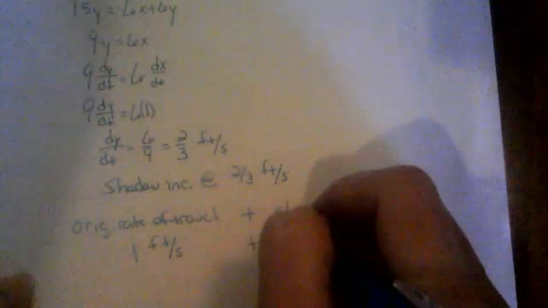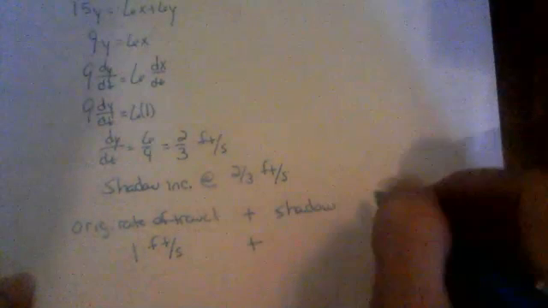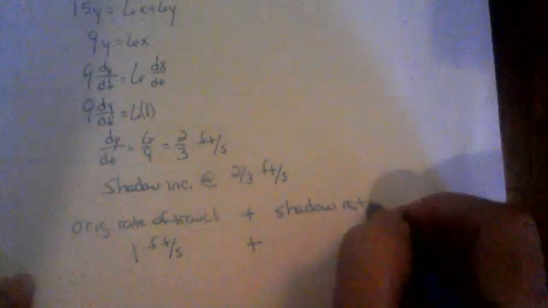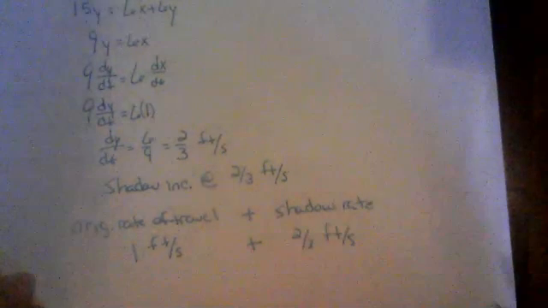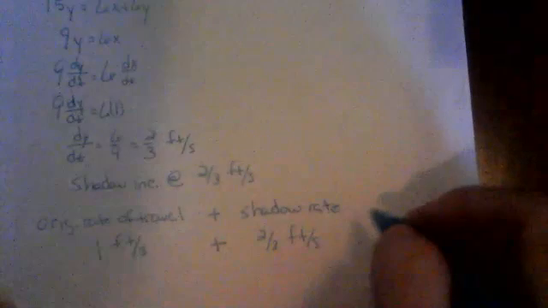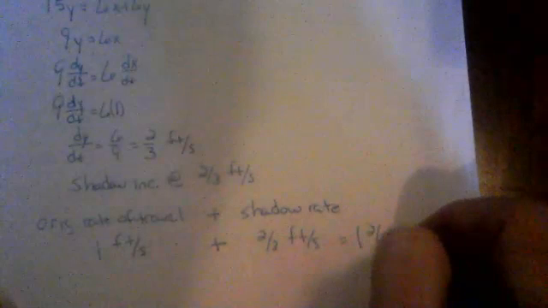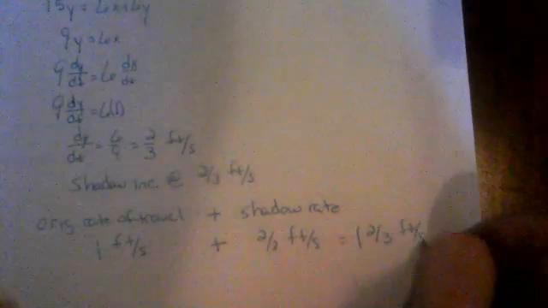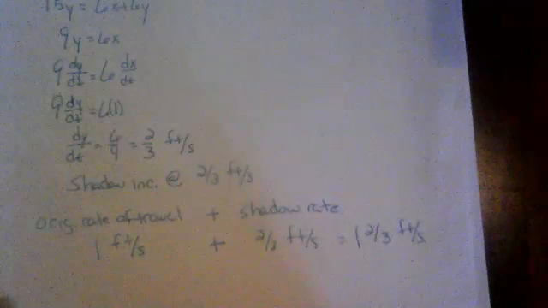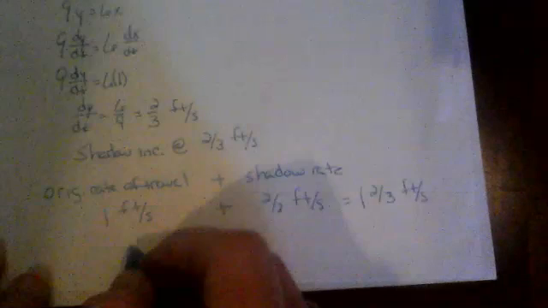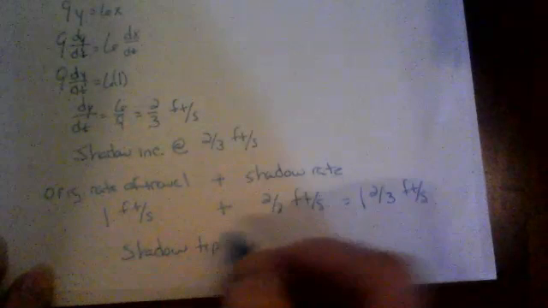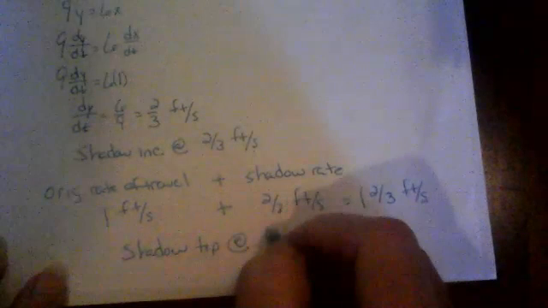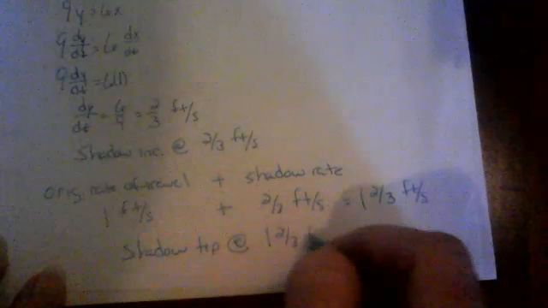And then we're going to add to that the shadow rate, which in this case was 2/3 feet per second. And so we get a total of 1 2/3 feet per second. So the shadow tip is moving at a rate of 1 2/3 feet per second.